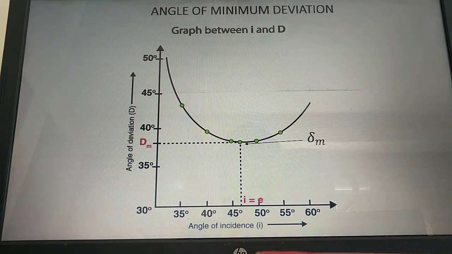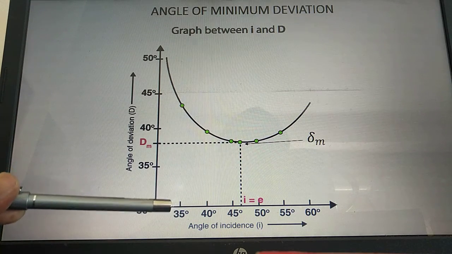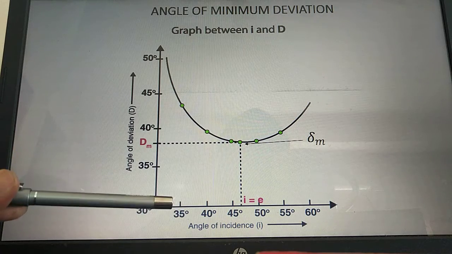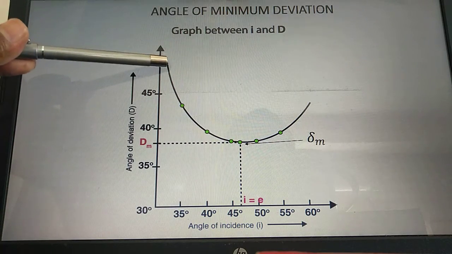There is a relation between the angle of incidence and the angle of deviation. We see this relation with a curve. If we place the angle of incidence along the x-axis and the angle of deviation along the y-axis, then when the angle of incidence is small, the angle of deviation is high.